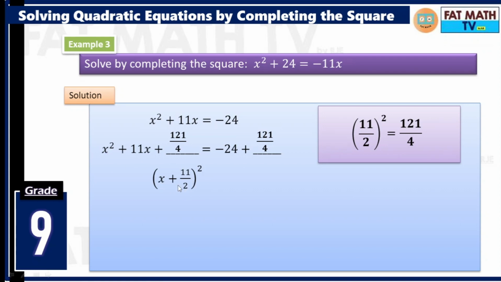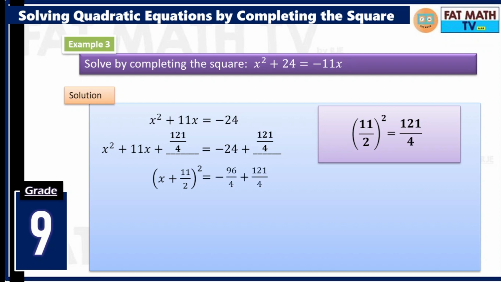It's plus here, so it's also plus here. Or if you don't want to take the square root of this, you can just take half of this. Half of 11 is 11 halves. And then squared equals negative 24 plus 121 over 4. So your skill in adding fractions or adding rational numbers will also be used here.